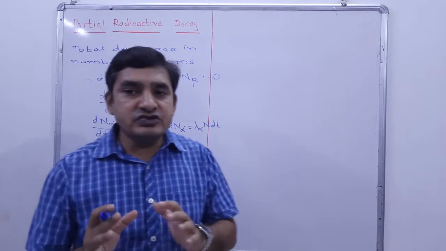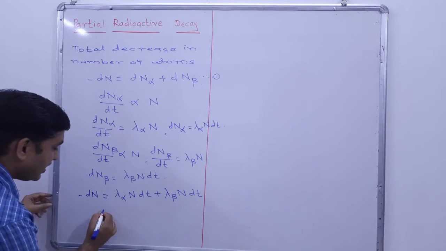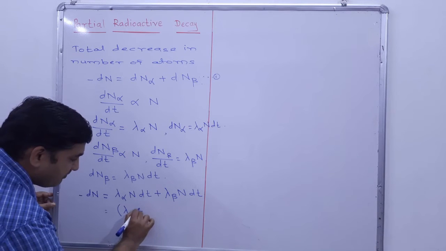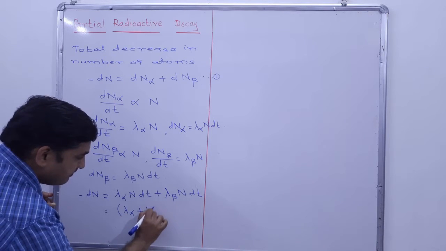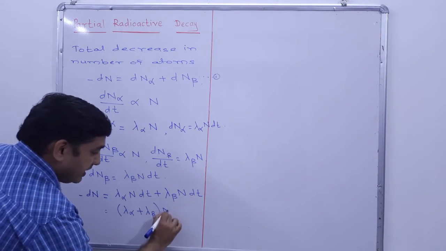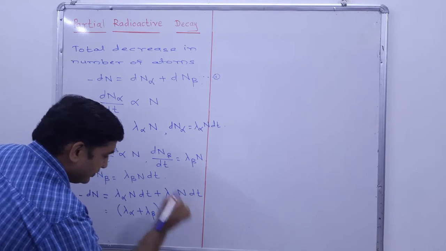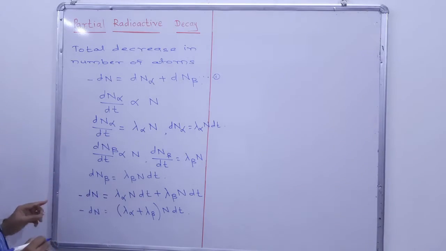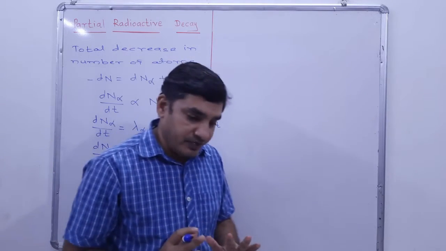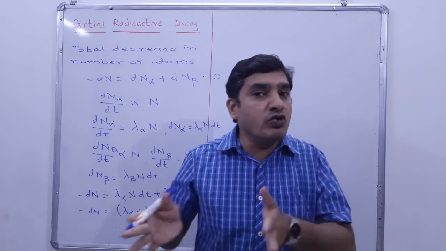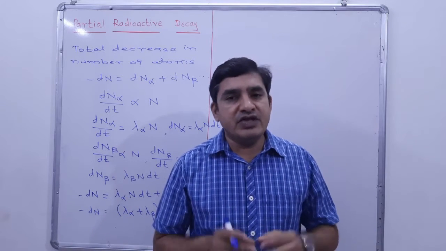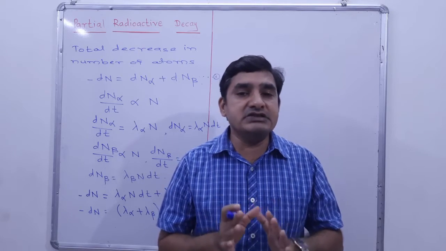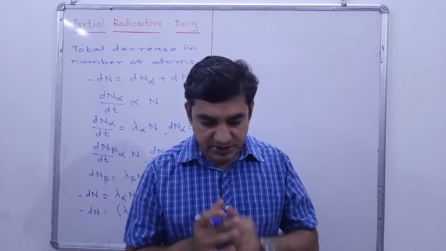So this equation can also be written as lambda alpha plus lambda beta into N into dt. This is the total decrease in number of atoms when there are two modes of disintegration, that is, disintegration of alpha particles as well as beta particles.